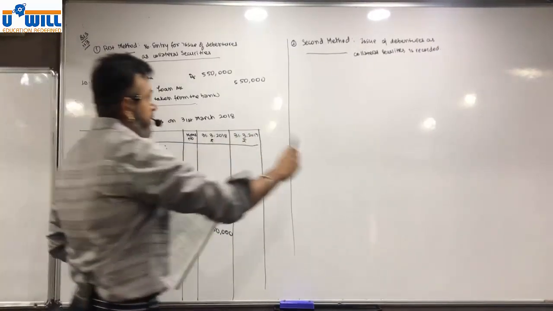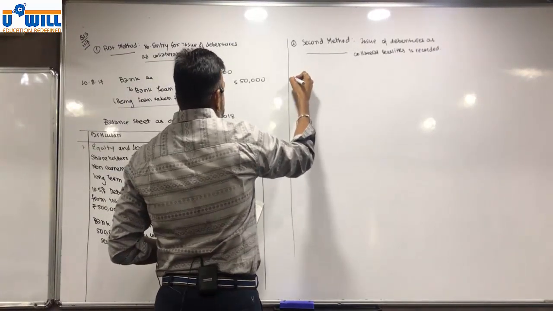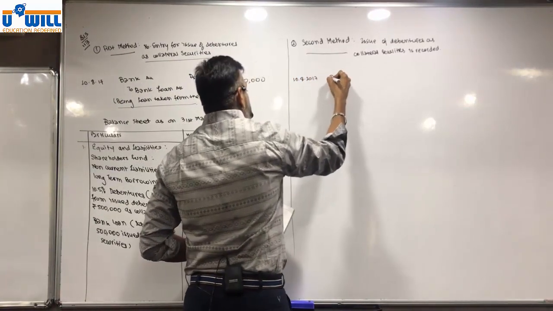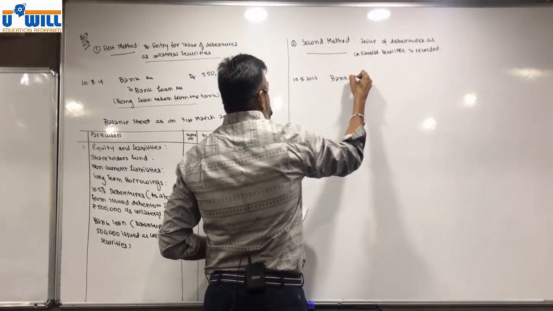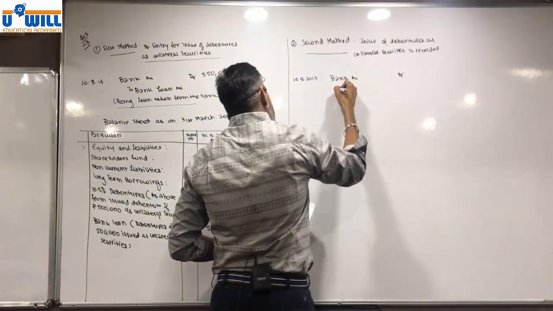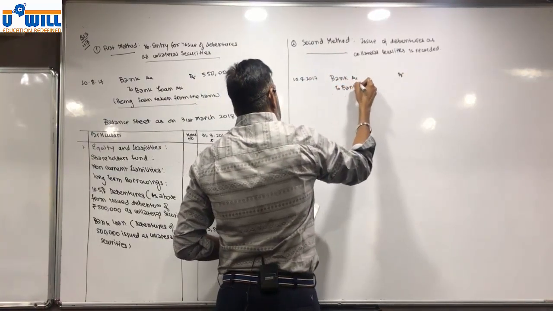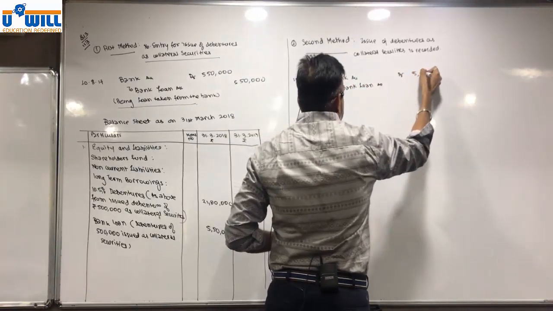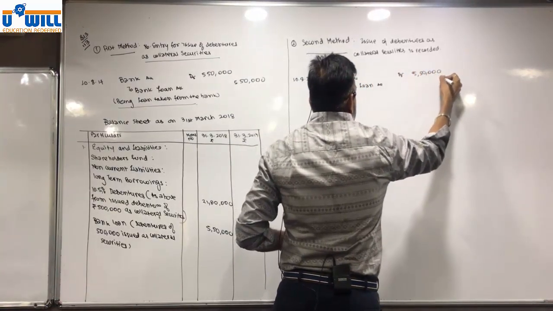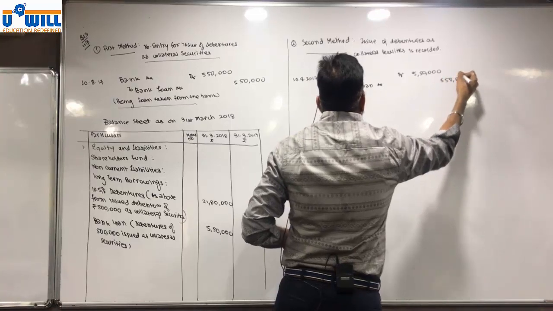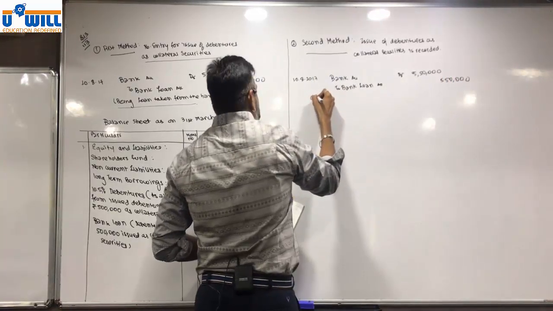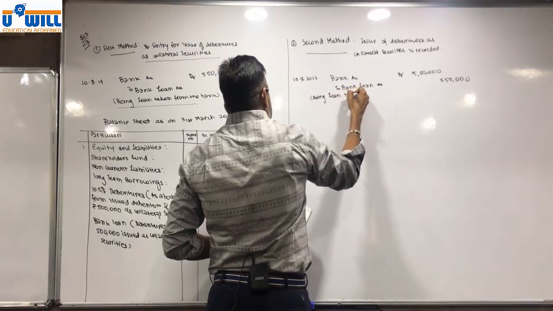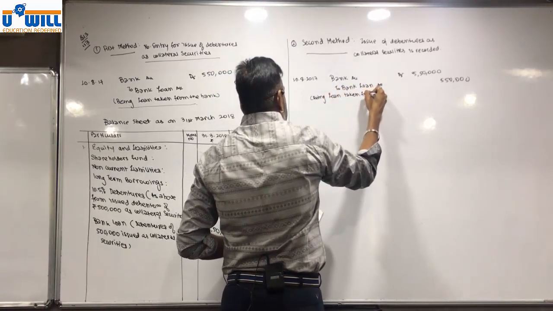Now in this second method, the first entry remains the same. 10th August 2017. Bank account debit to bank loan account 5,50,000. Being loan taken from bank.